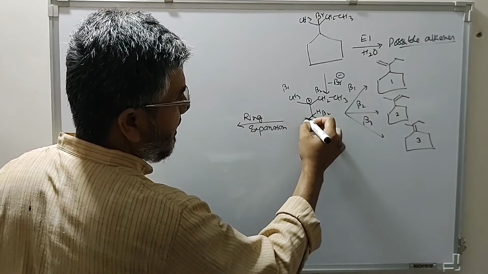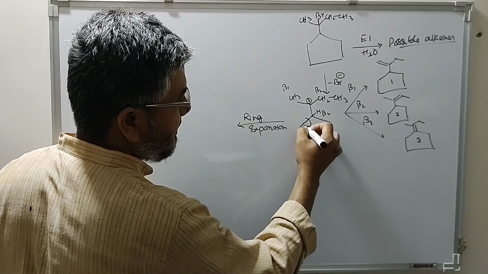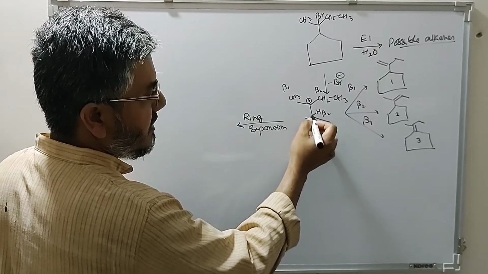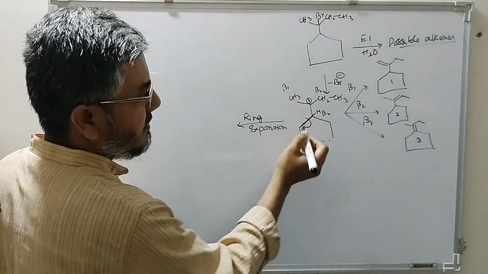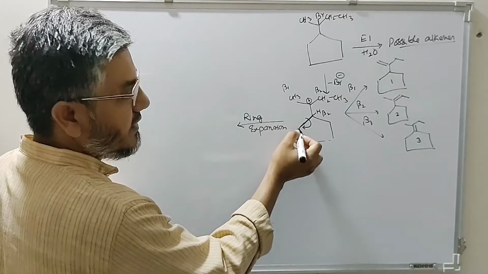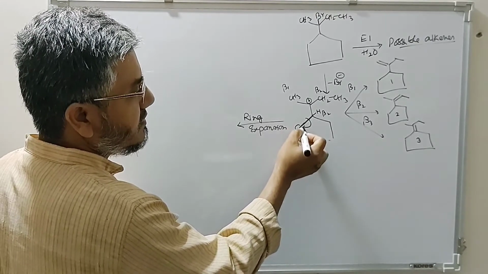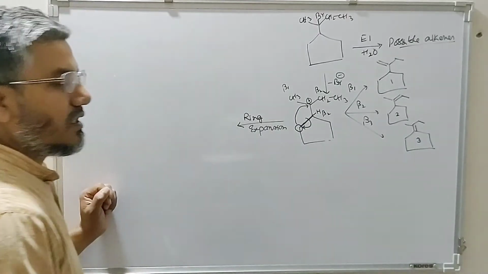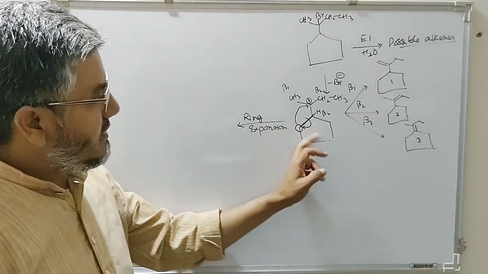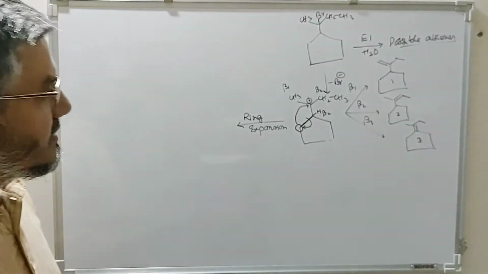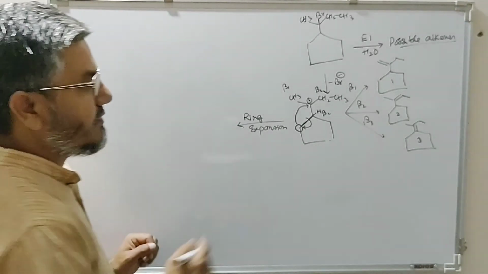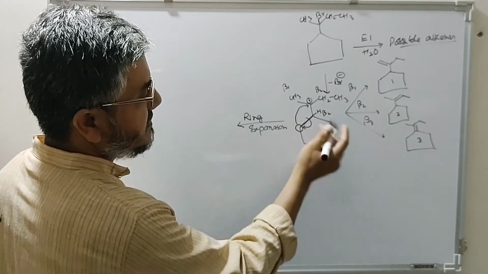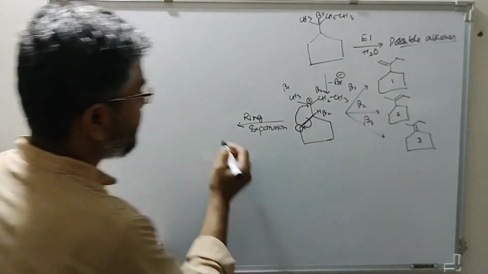This carbon-carbon bond breaks, and the electron pair which was shared within this carbon-carbon bond is transferred to this carbon. So this carbon becomes negative, and this negatively charged carbon is attacking the positively charged carbon. So this is what we call ring expansion. By this ring expansion, we are increasing the size of the ring. So 1, 2, 3, 4, 5, 6-member ring is formed.